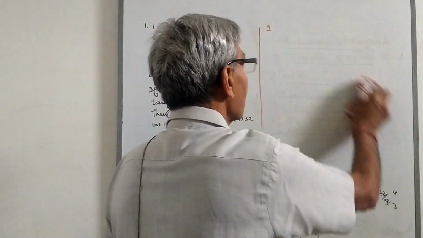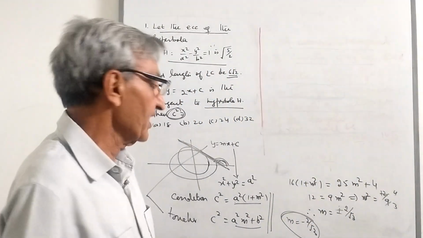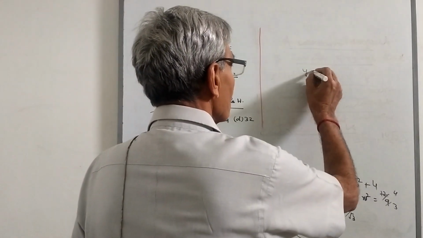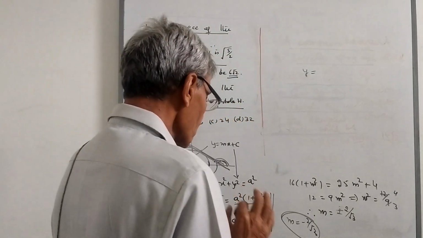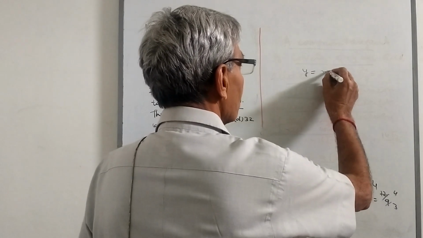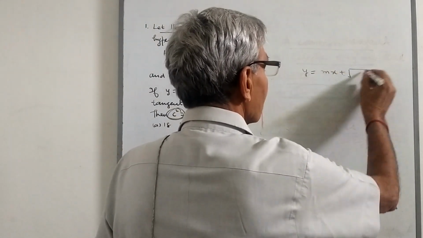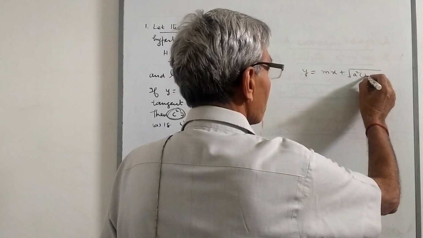The common tangent equation is y is equal to mx plus or minus under root of a square into 1 plus m square.